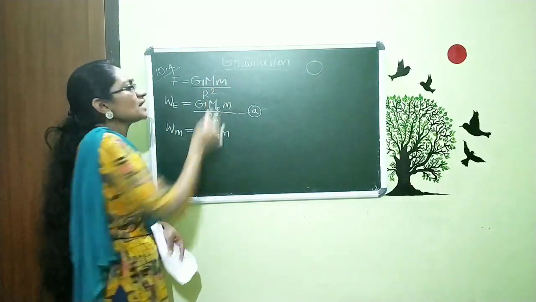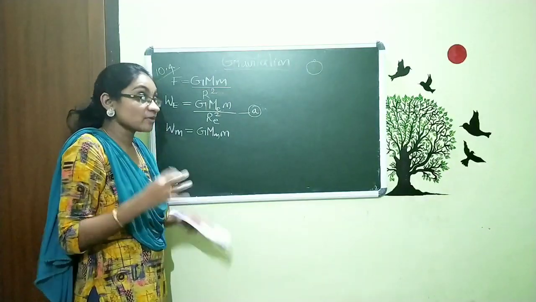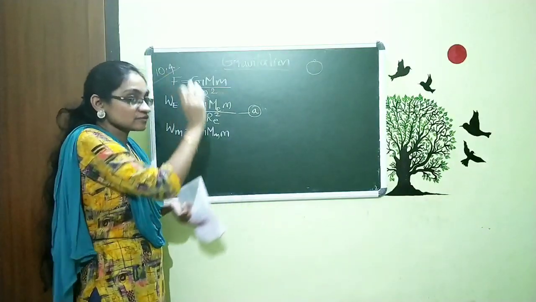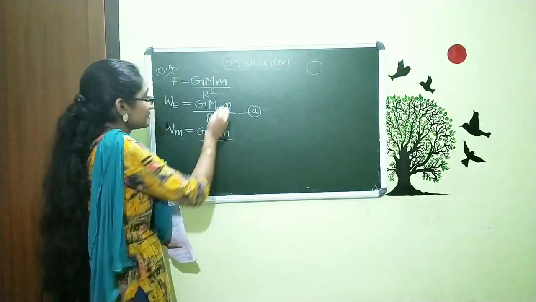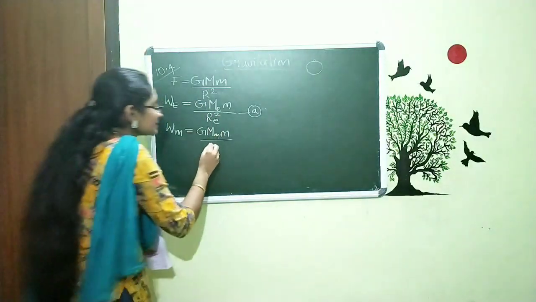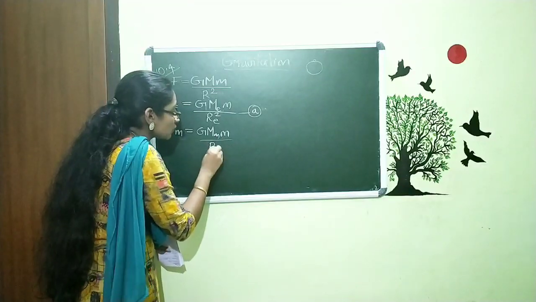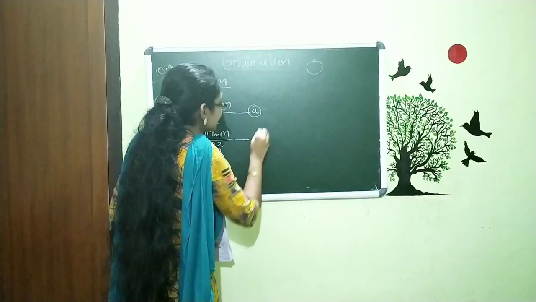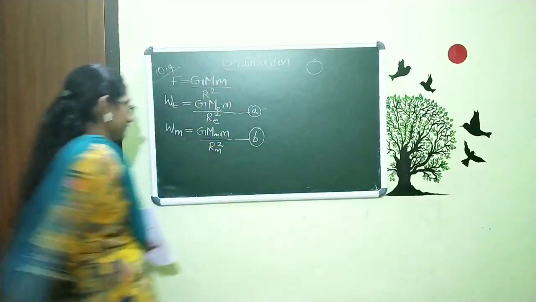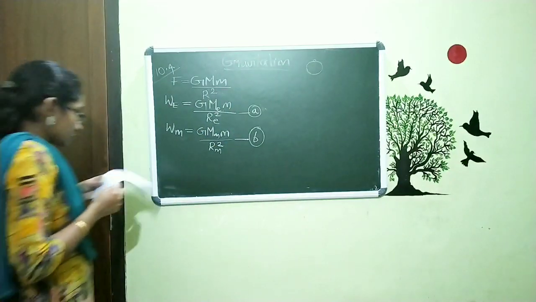This is the mass of the substance. We are talking about the same object at the surface of Earth and at the surface of Moon, so I am writing that m in the same way. And here the radius of Moon square. This is equation B.